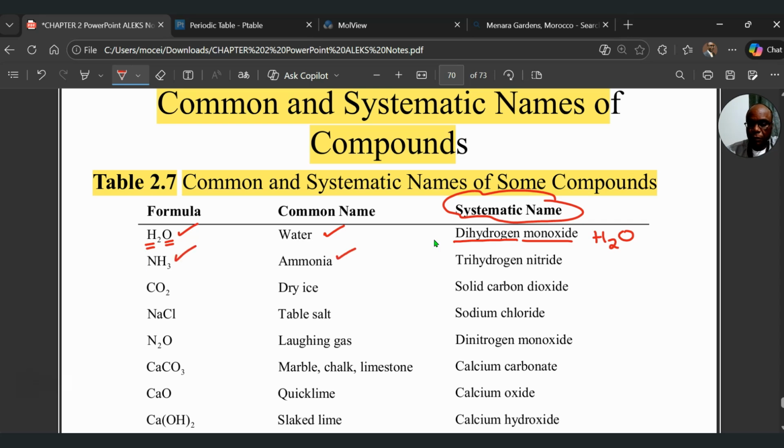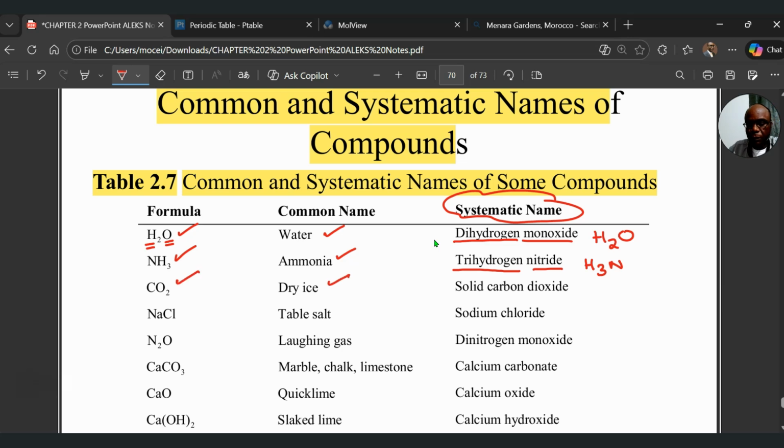Ammonia is NH3, and if you want to sound fancy in the store or in Lowe's or Home Depot, you will say trihydrogen nitride. Hydrogen comes before nitrogen in the periodic table, so the name will have the hydrogen first. So trihydrogen, there are 3 hydrogens and a nitrogen, nitride.